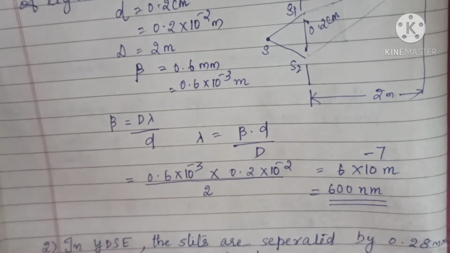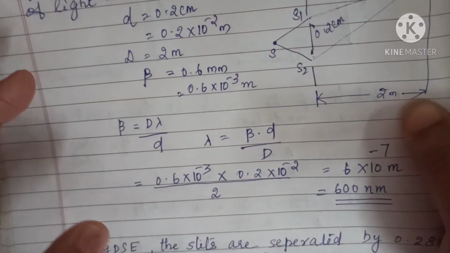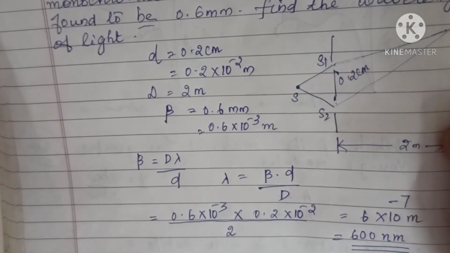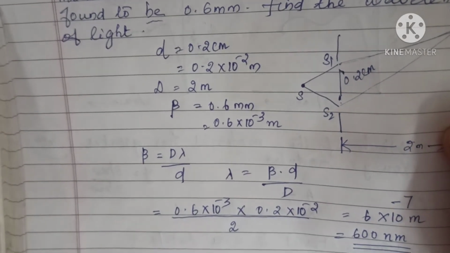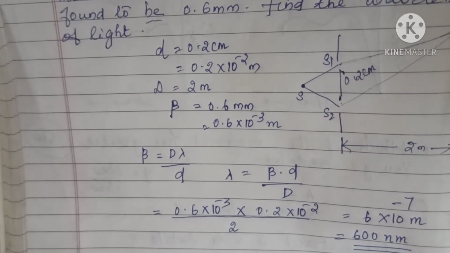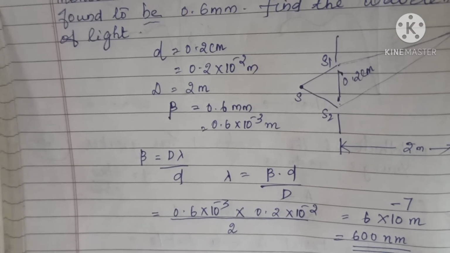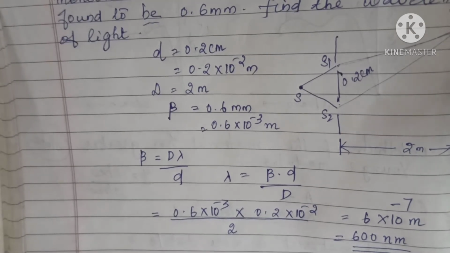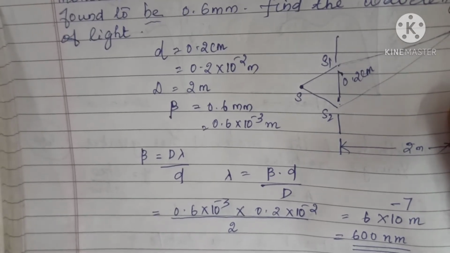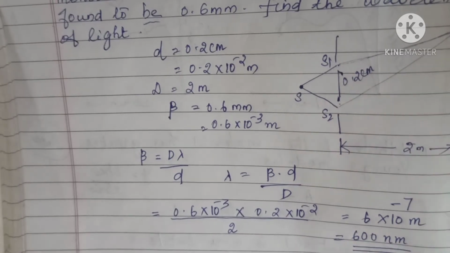Okay. So this is a direct question. Here small d, capital D and then beta are given. You are supposed to calculate the wavelength of light. So by direct substitution you can calculate it. Clear? So we'll move to the second question.